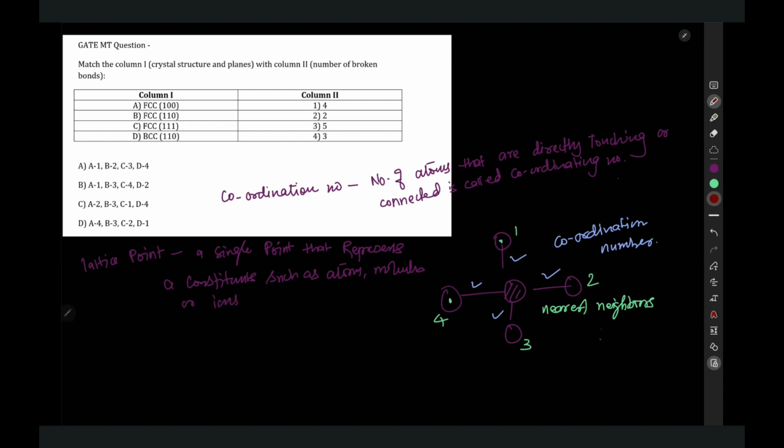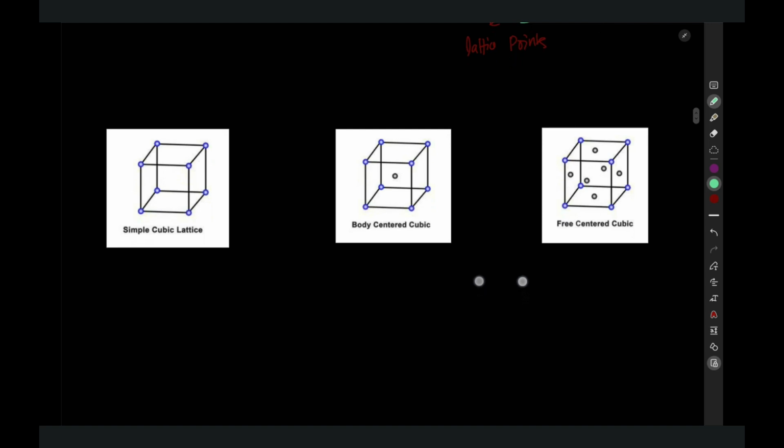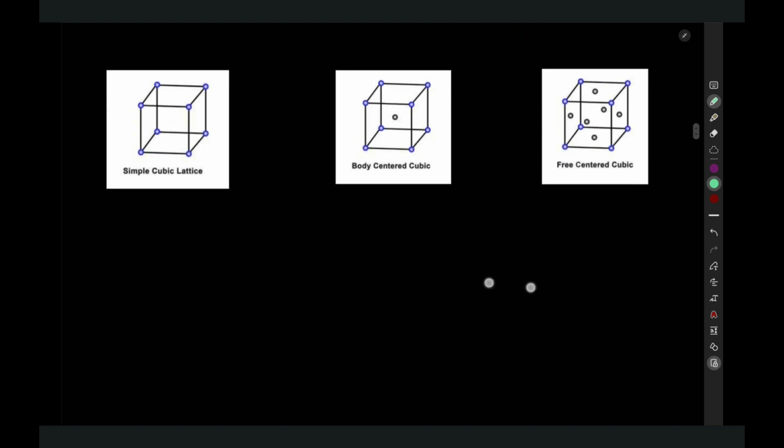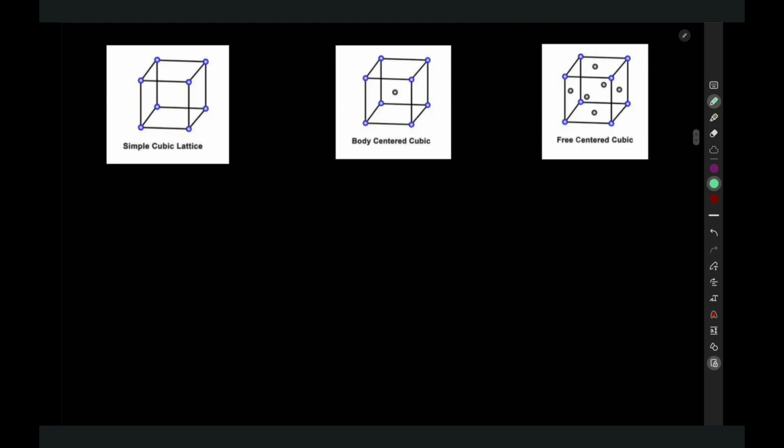So the position of these 4 atoms, this one, this one, this one and this one, is called lattice point. Now one by one we will take examples from simple cubic, FCC, BCC and calculate the number of broken bonds. Now we will calculate the coordination number of all these 3 structures: simple cubic, body centered, face centered.